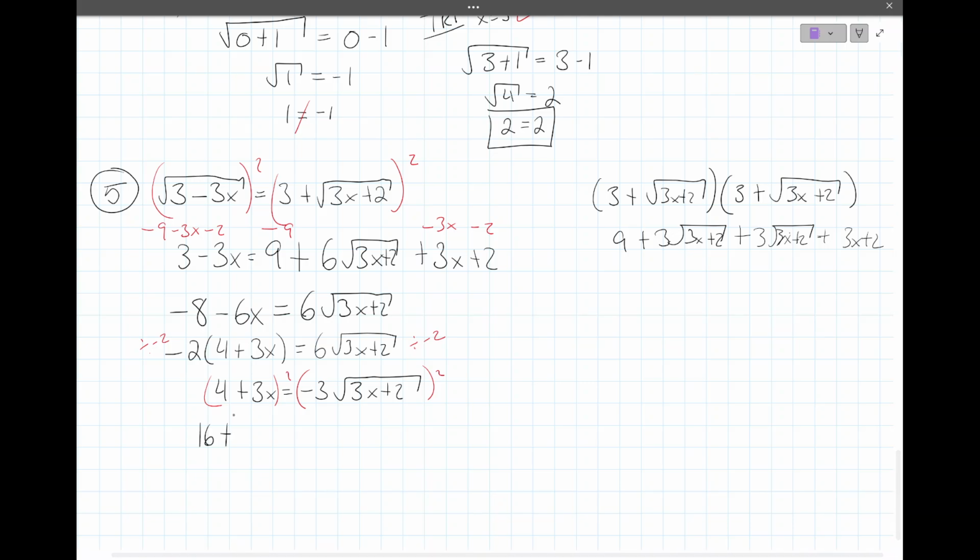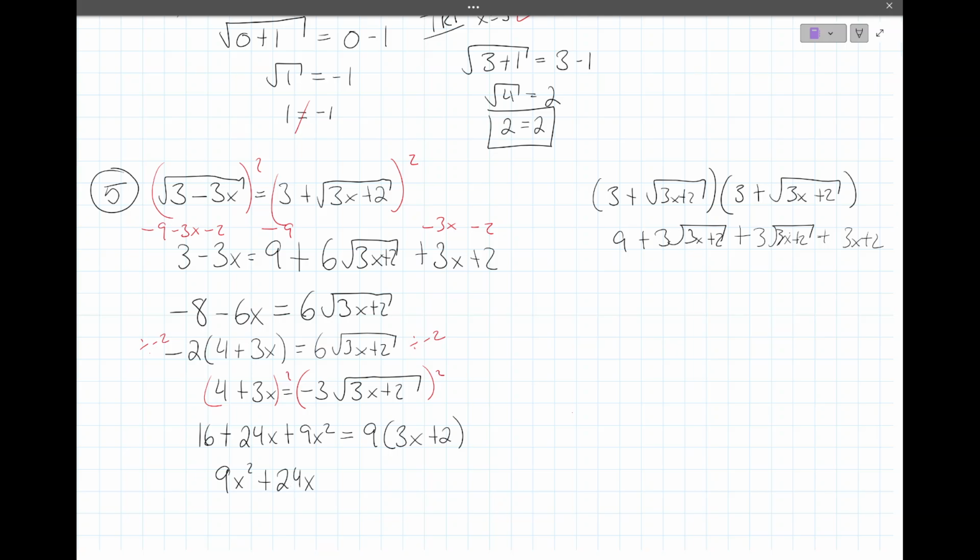So this will be 16, that's 12x, so this will be plus 24x plus 9x squared, right? That's good. And our next one here, this will be 9 times 3x plus 2, right? Because the squaring gets rid of the radical. We've got to distribute, so we're going to write this one more line, and let's write it in polynomial order.